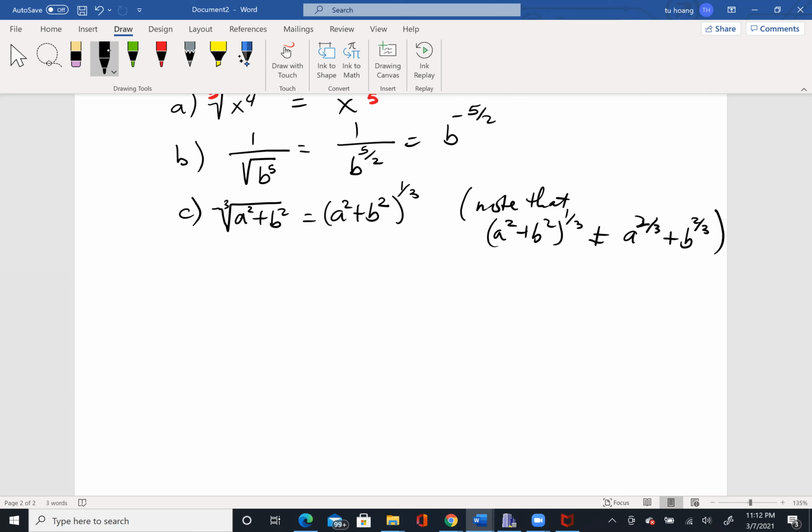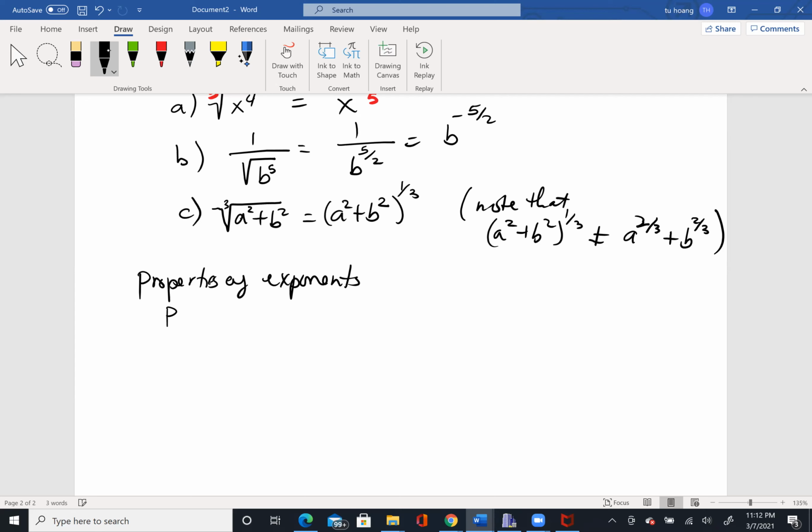Okay, so I would love to remark some properties of exponents.